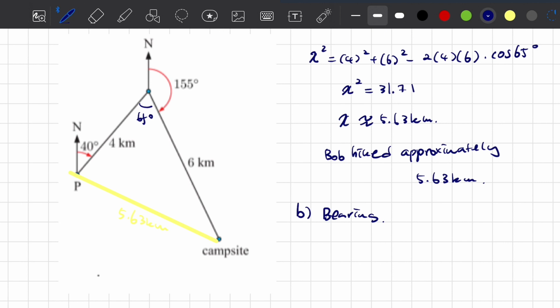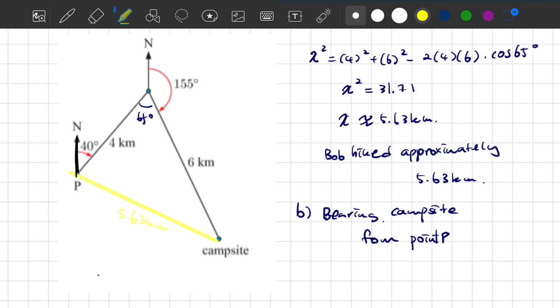We are trying to identify the bearing of the campsite from point P. That's what we are trying to calculate. From the true north line, we need to calculate the total angle to the line created by joining point P and the campsite.